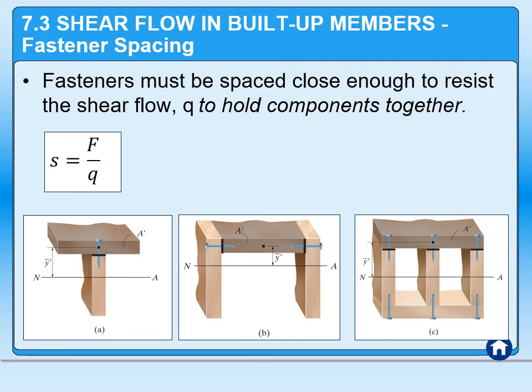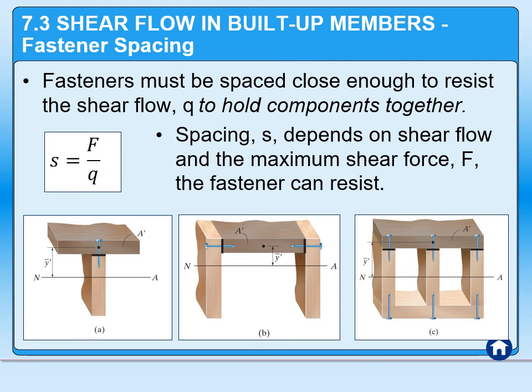So it turns out the spacing s is going to depend upon the shear flow, q. The higher the shear flow, the closer we need to space these together, and the maximum shearing force of the individual fasteners. In this case, a stronger fastener means we can space them out further apart.